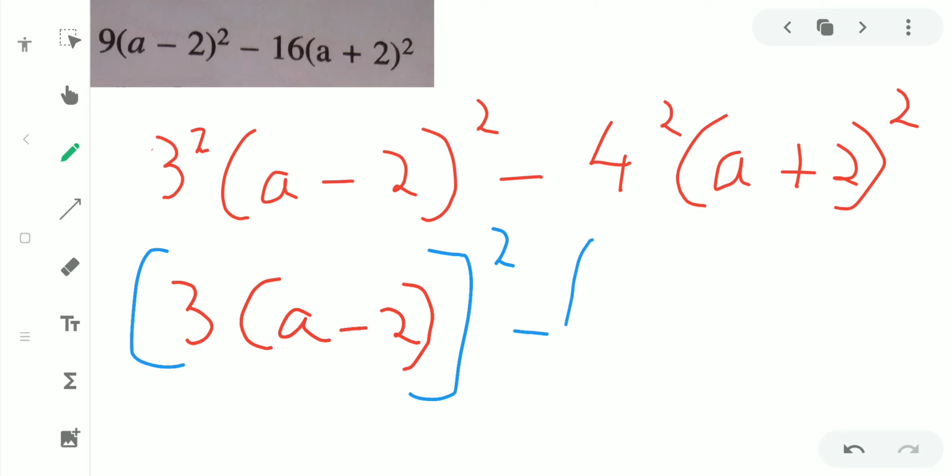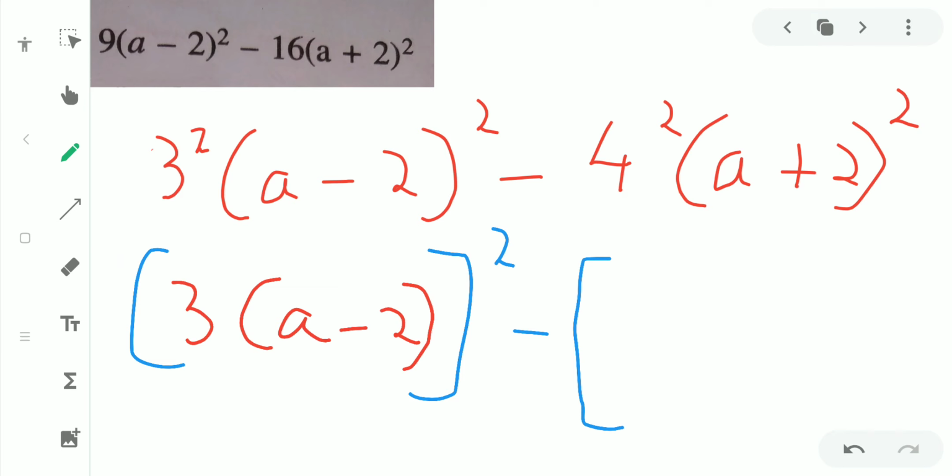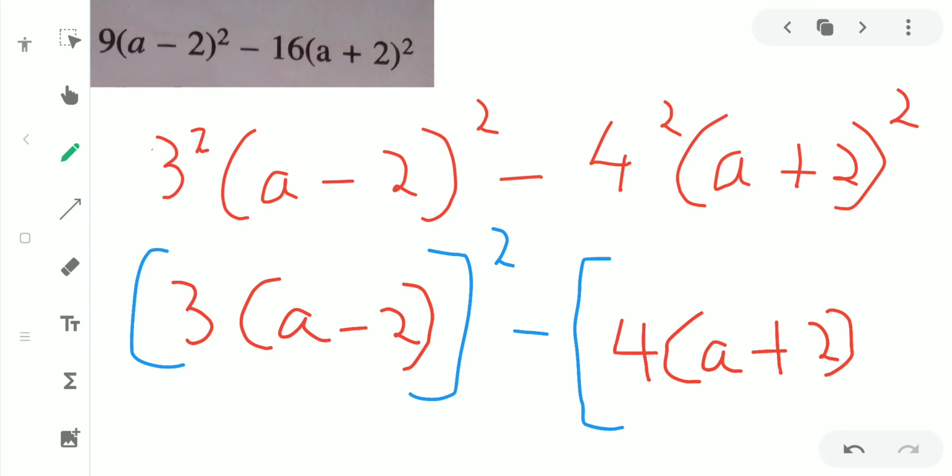Minus, again we are having 4 times (a plus 2) whole square. So this will be our solution, and now we can further simplify it.